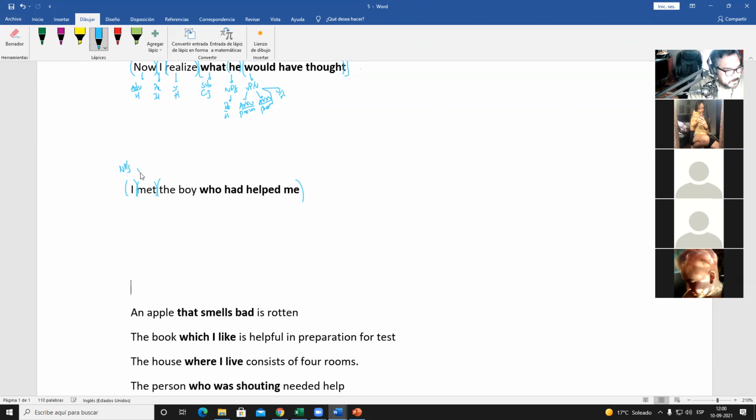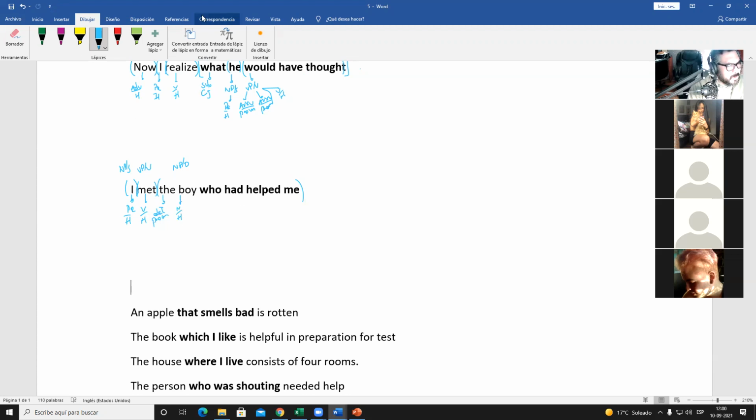Entonces comienzo: verb phrase, verb; the boy, noun phrase, object. Pronoun head, verb head, determiner, premodifier, noun head, who had helped me.